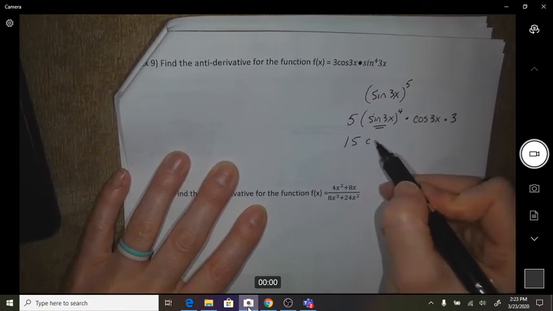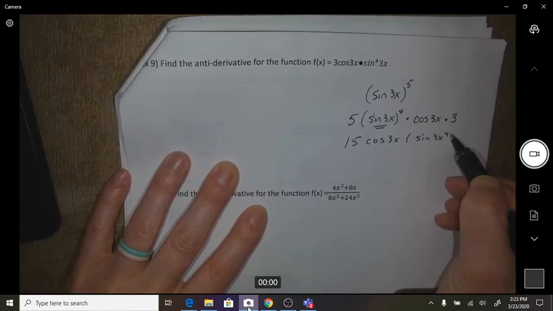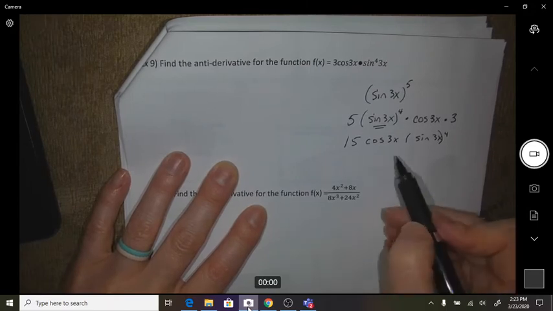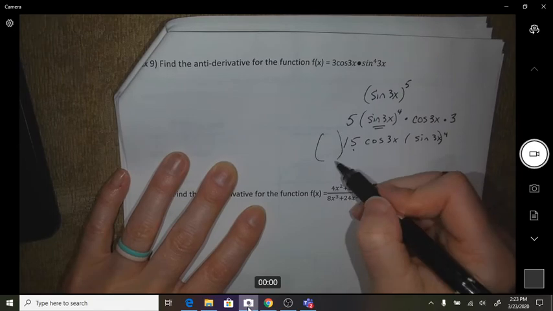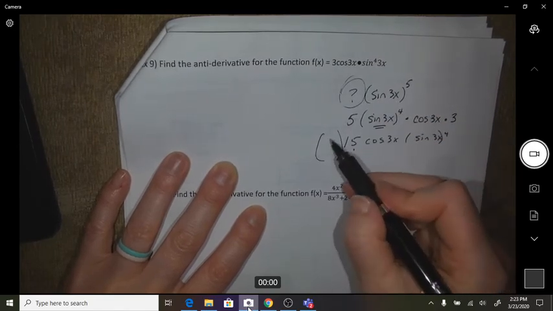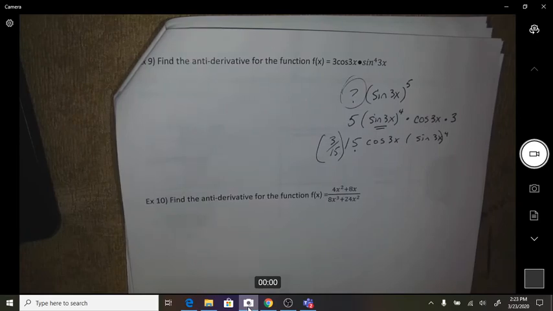So 15. I ended up with this, but I wanted to end up with a 3, so I need something in the front, and that would be 3/15, or 1/5.